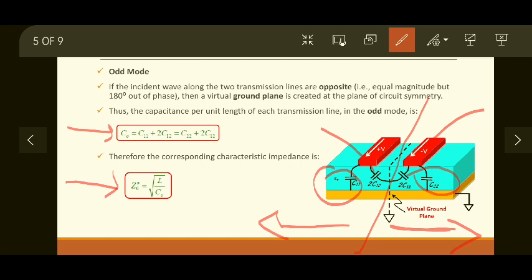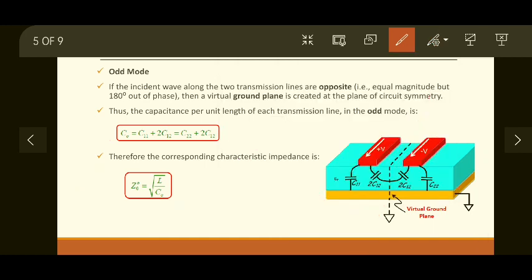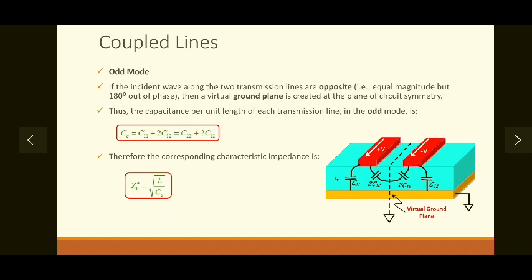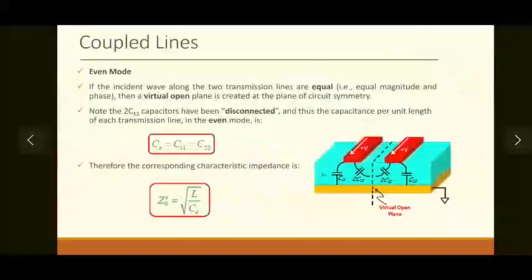Superscript is O, subscript is 0. It is given by the square root of L by C odd. L is the equivalent inductance of the transmission line, and C odd is the capacitance of the odd mode. Okay, this happens in case of odd mode.